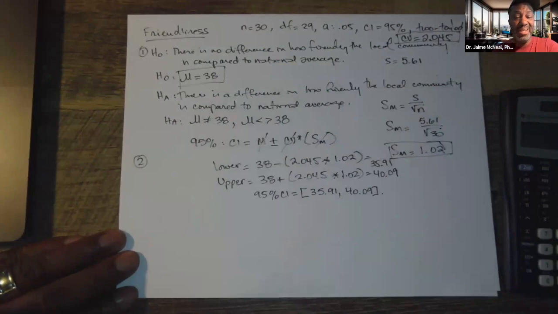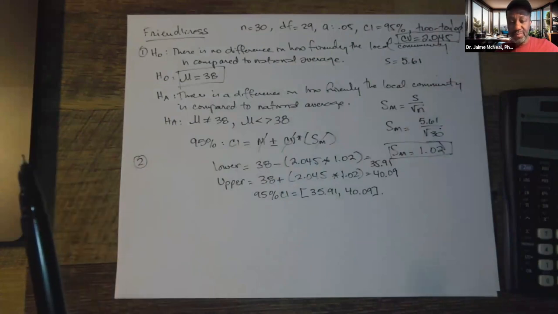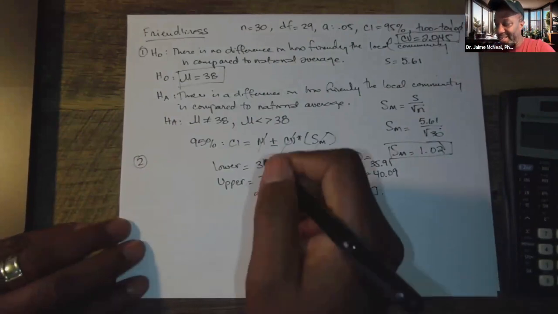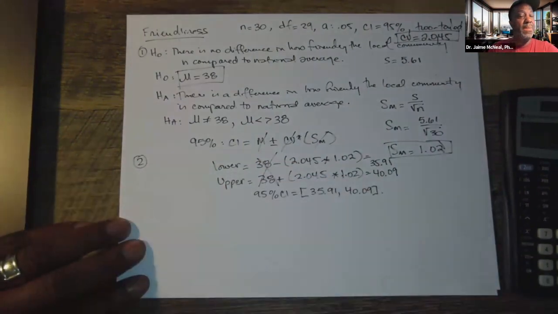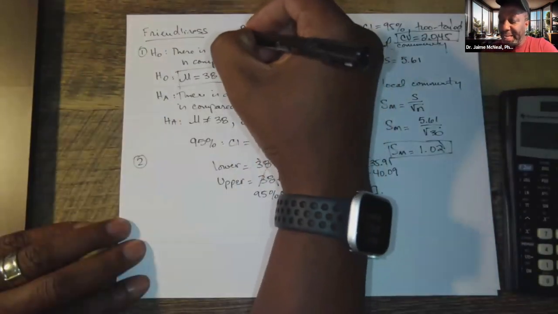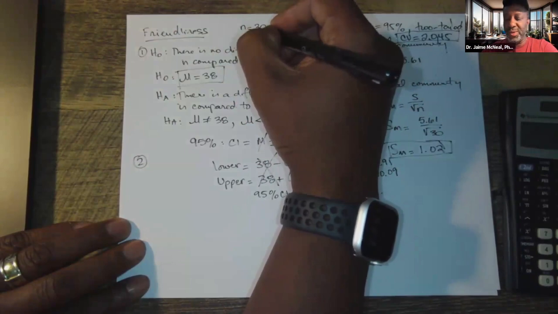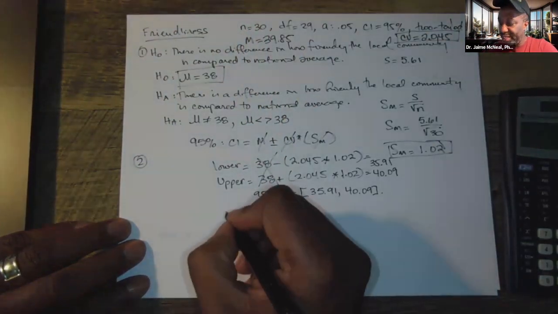They gave us 38 as the, oh, sorry. Look at that, I made a total mistake. 38 was our test statistic. We're actually testing it against not 38, but when we surveyed people, the mean was, that was the mu. The mean was 39.85. So let's just do that again.